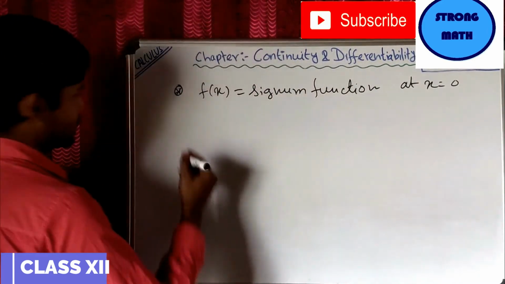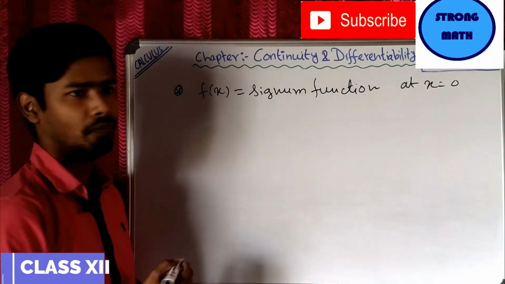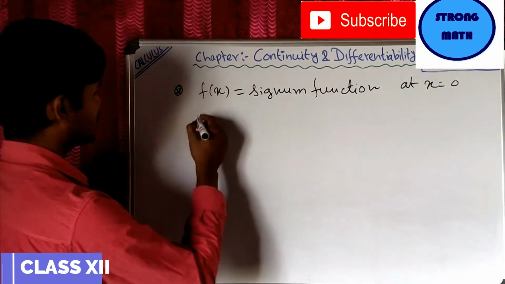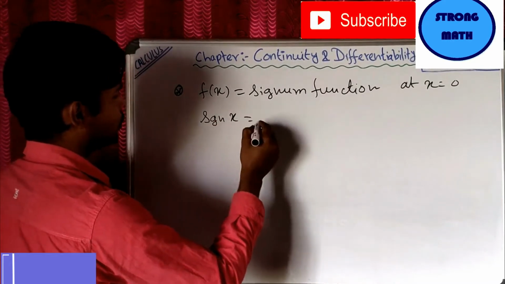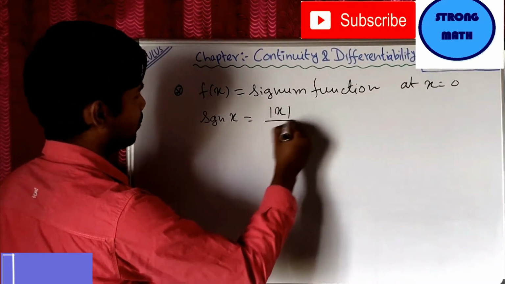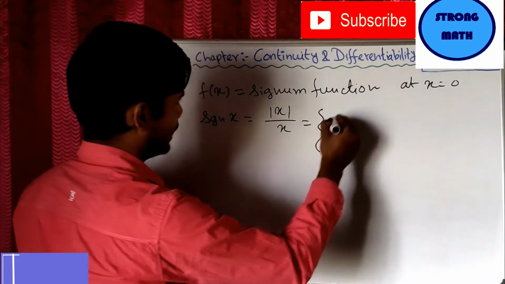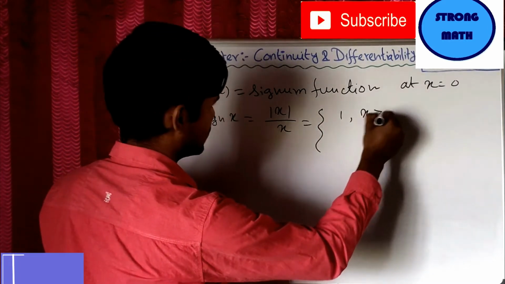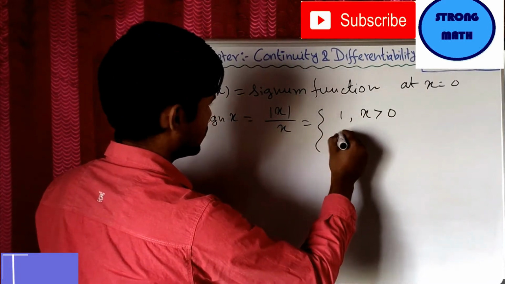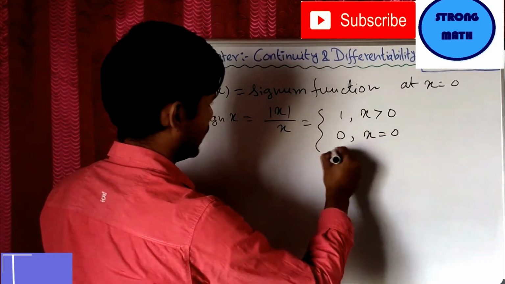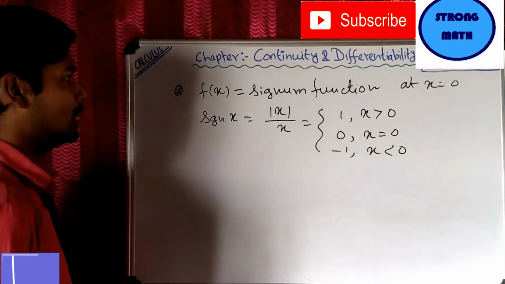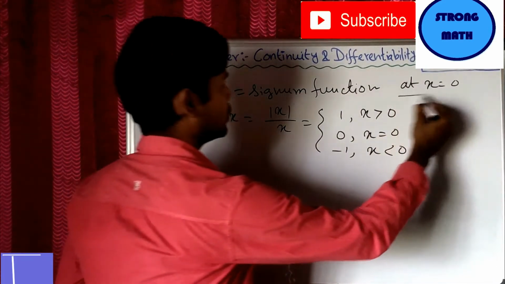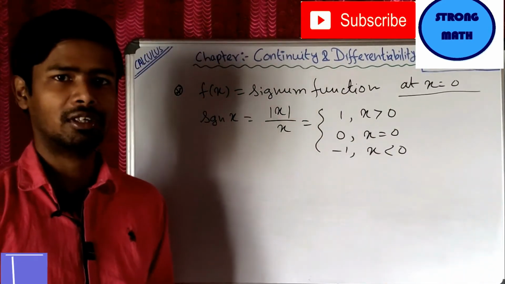How? Let's recall the signum function: signum x equals mod x by x, defined as 1 when x is greater than 0, 0 when x equals 0, and minus 1 when x is less than 0. Clearly at x equals 0 the limit of this function does not exist.